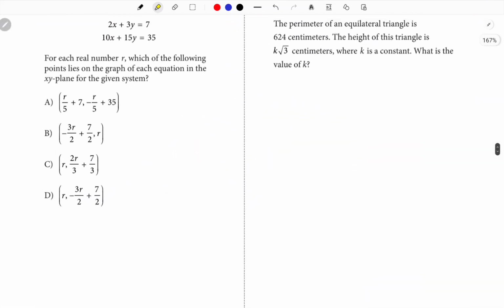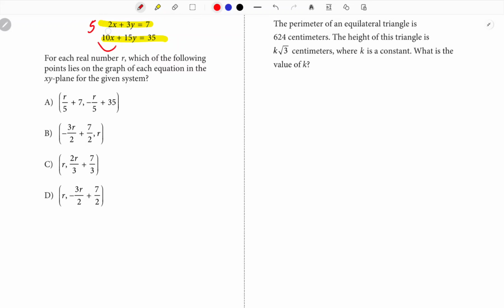And last question: for each real number r, which of the following points lies on the graph of each equation in the xy plane? So I only must write like this question. So if you look at here and look at this one, you see that it's 5 times this number.